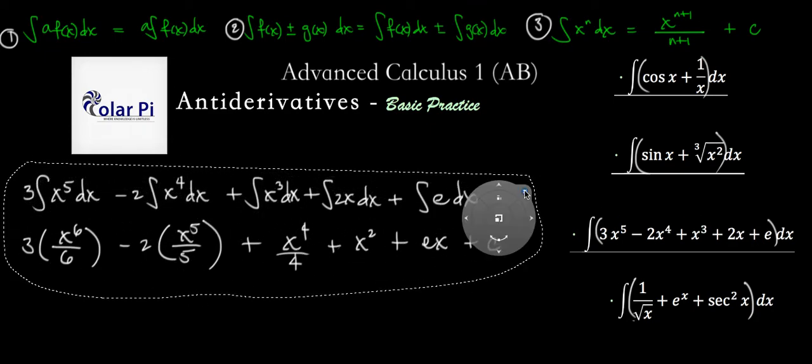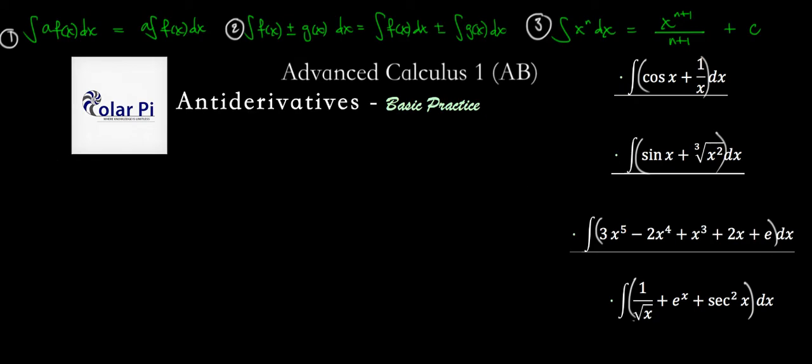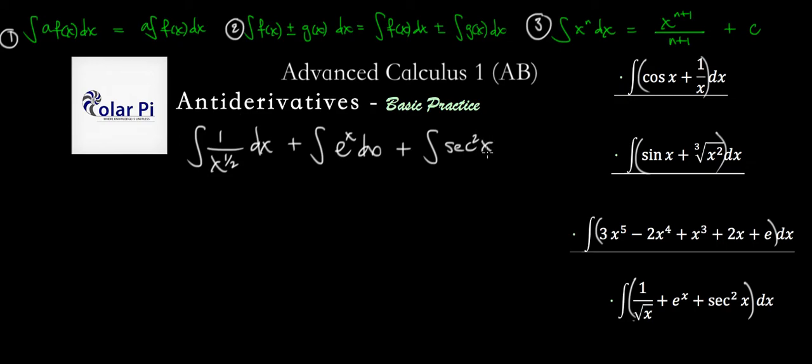Okay, finally, one more. Well, the last one, you've been staring at it for a while. Maybe you weren't, I don't know. So 1 over root x, we could first write as 1 over x to the 1/2, because root x is x to the 1/2, and then we have dx, right? And then plus integral e to the x dx, and then plus integral secant squared x dx, right?